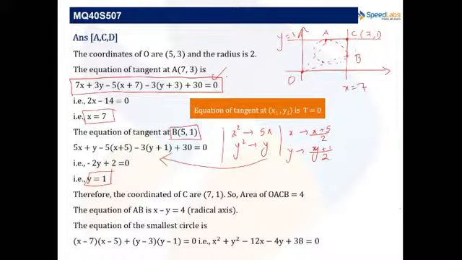If you need to find this area, you can do it in many ways. One basic way is you have these coordinates.